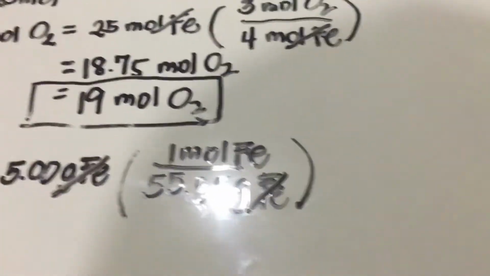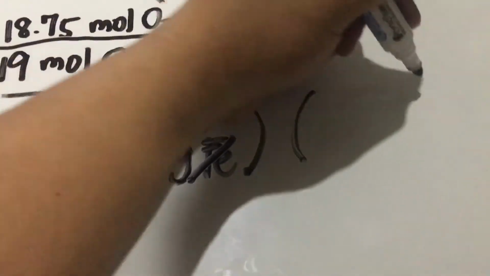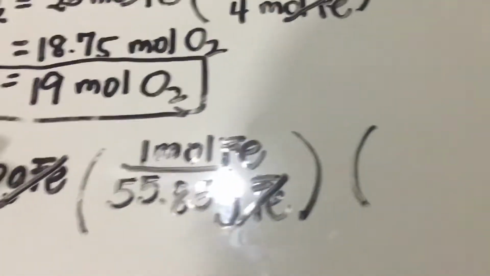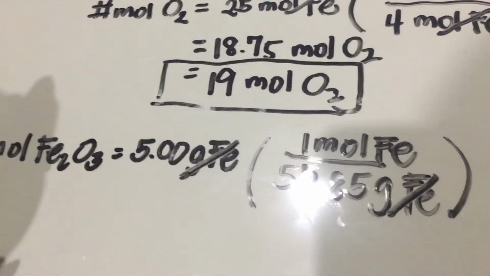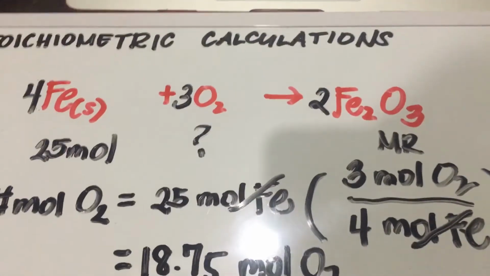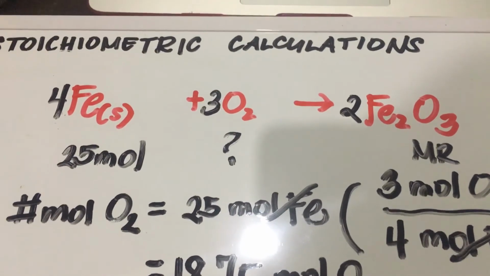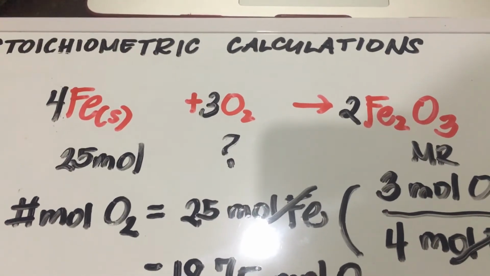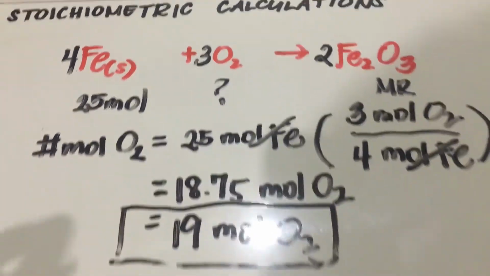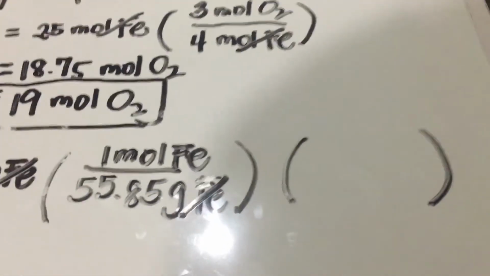We can use the mole ratio between iron and Fe2O3. So in our balanced chemical equation, we now have the coefficients of iron and Fe2O3. So what we can do now is cancel Fe.